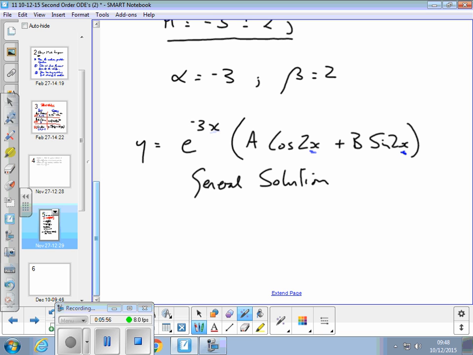I've got one function involving x here, multiplied by another function involving x. The product rule, because I've got one function multiplied by another. Well, we can't add them, because they're multiplied. If they were two added, we could do each one separately. But yeah, so we've got to use the product rule.